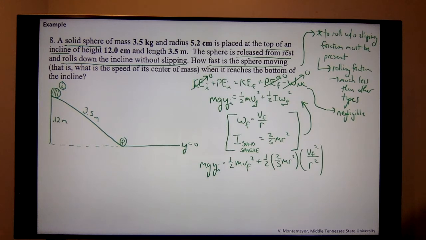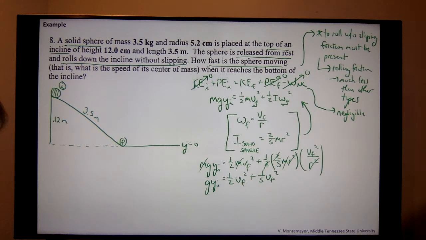Okay, and then we have everything plugged in, and we can see where this gets us. So some things are going to cancel out. First of all, I have a mass everywhere, so that's gone. These R squareds cancel out. These 2's cancel out. And now I have gy initial equals 1/2 V final squared plus 1/5 V final squared.